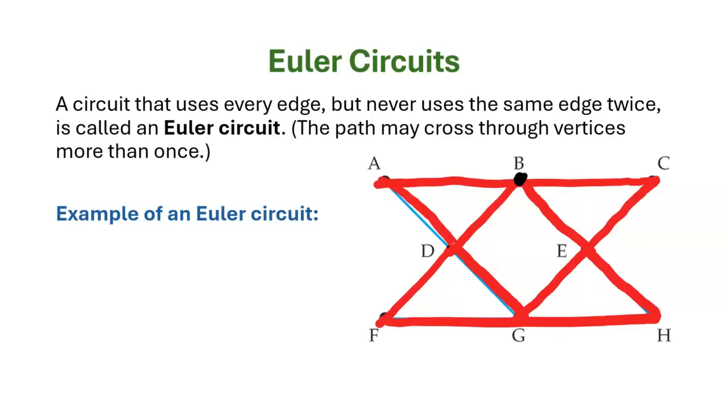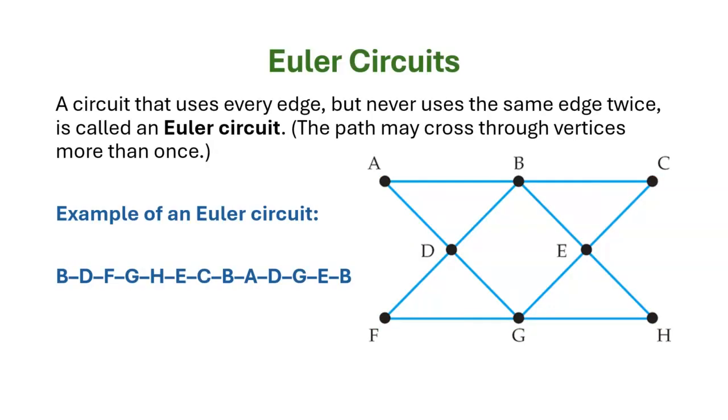For example, when I started, I passed through D, and then as I was finishing, I came back and passed through D again. So that doesn't really matter. That's why we say that the path may cross through vertices more than once. The only thing that matters is that every edge is used, and that you never use the same one twice. So you've got to use different ones.